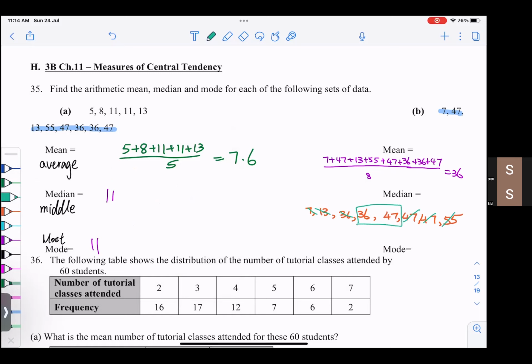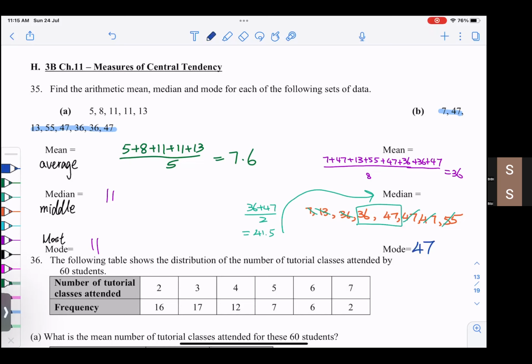If there's 2 left, you add up both of them and then divide by 2. If it's just 1 left, like in part A, then just write that. So here it will be 36 plus 47 divided by 2, which gives 41.5. That is your answer. How about mode? Mode means most. Which number appears the most? Yay, 47. Good. See, it's super duper easy.